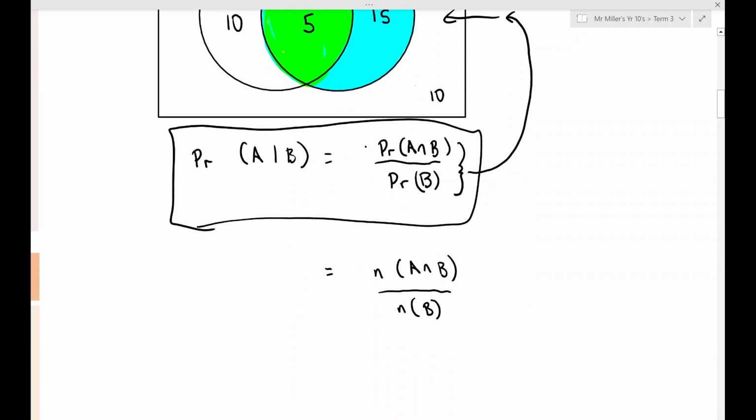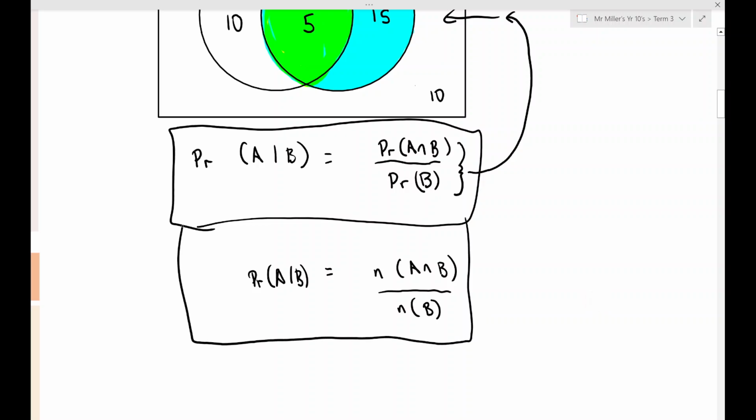This compared to this, whatever that ratio is, is going to be the same ratio as this compared to that. So we can say that the probability of A given B is equal to the number of elements in the intersection over the number of elements in the set B. Okay, and box that too if you're taking down notes, please.